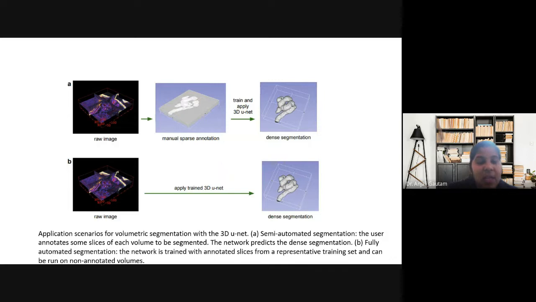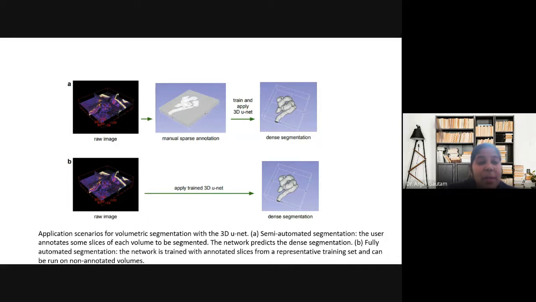It will analyze the other pixels surrounding them, and on the basis of that information you get the segmentation result.